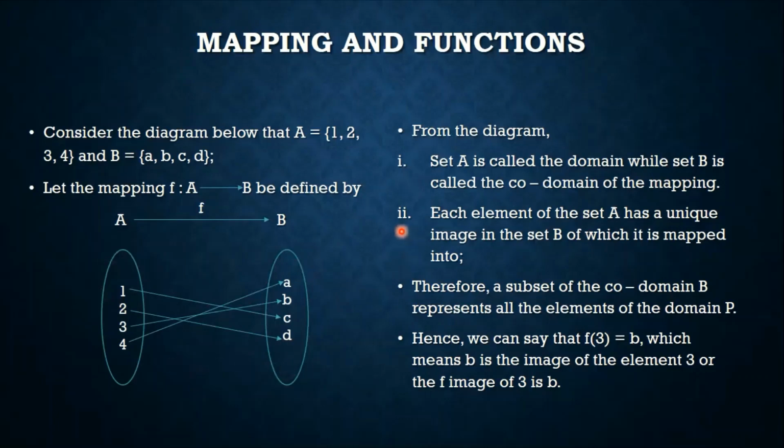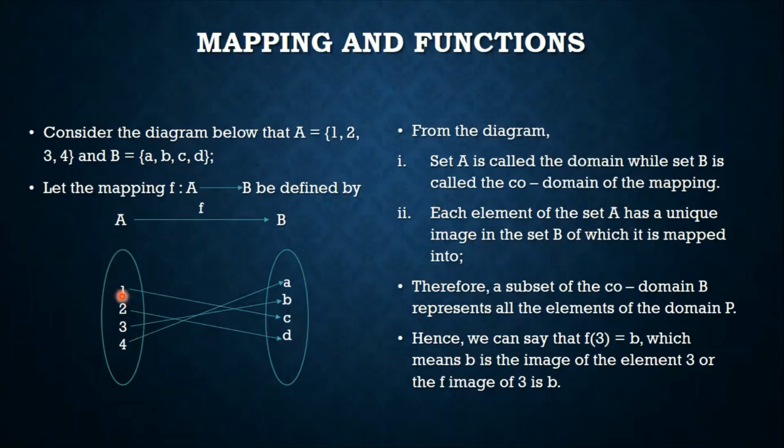Let's look at comment number 2. Each element of the set A has a unique image in the set B into which it is mapped. So for a set A to be called the domain, it must have unique elements to which it is mapped.